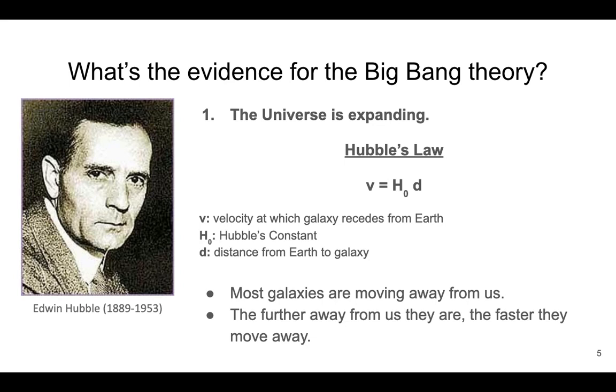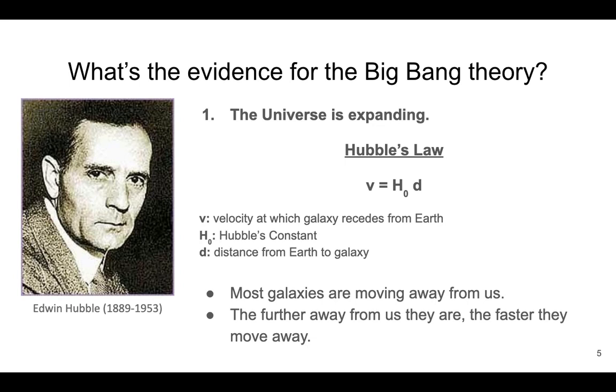Andromeda is heading right towards the Milky Way, and eventually it will collide with it. But if you go to the more distant galaxies, they're going to be moving away from our own galaxy.